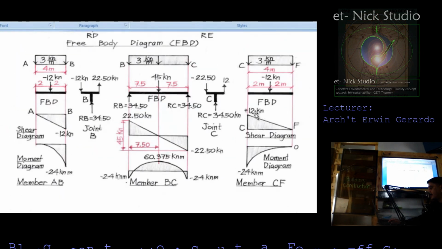So this is already your positive 12 kilonewton. Take note, this is a cantilever beam, so the shear is pointing upward to counteract this load coming down.